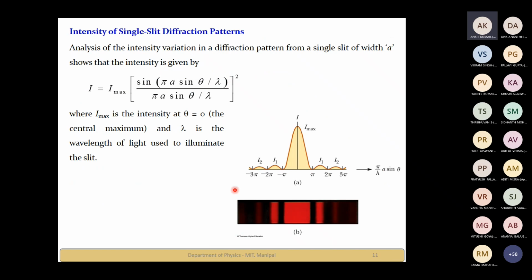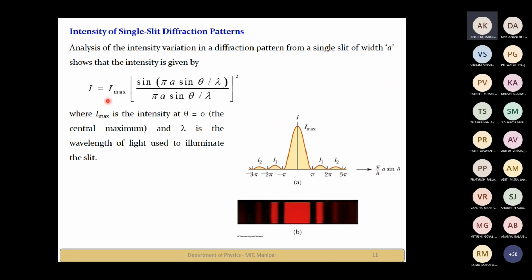Now, let us analyze the intensity of the single slit diffraction pattern. Let us take a case of a single slit. You know the maximum intensity you are going to get is at the center. As you move away from the center, the intensity, we call it I1, I2, I3, keeps decreasing.